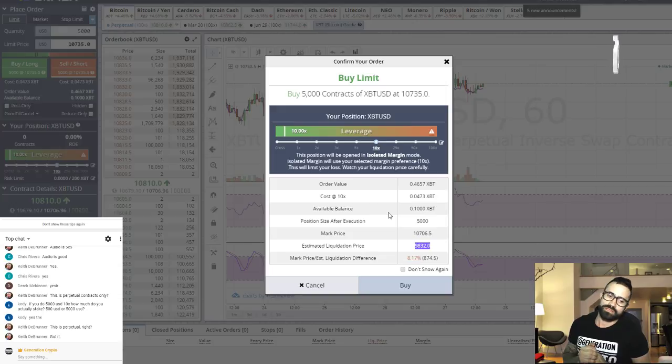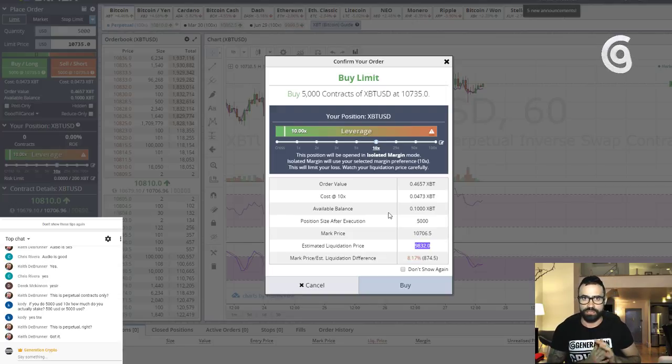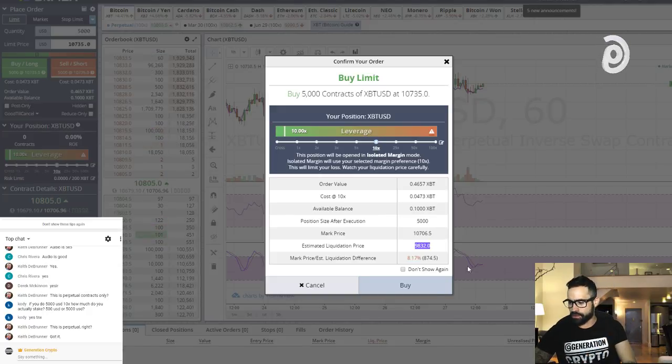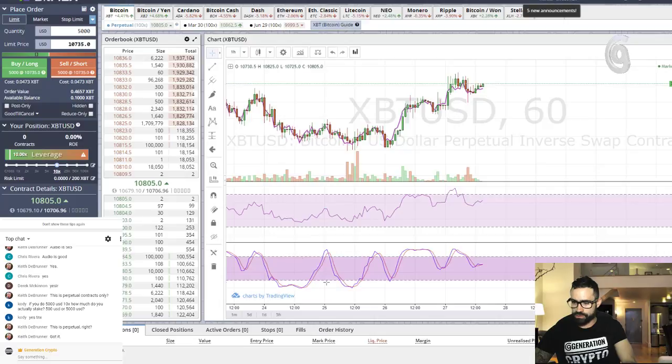And this is why this is high risk, high reward, because it is essentially all or nothing. That being said, we're on the testnet, so nothing gained, nothing lost. This is just a way to try out this platform, right? So let's click buy and see what happens. Actually, I'm not going to do that just yet.